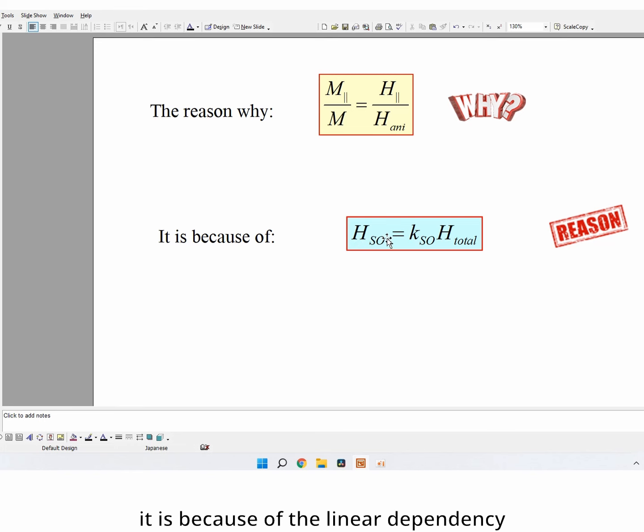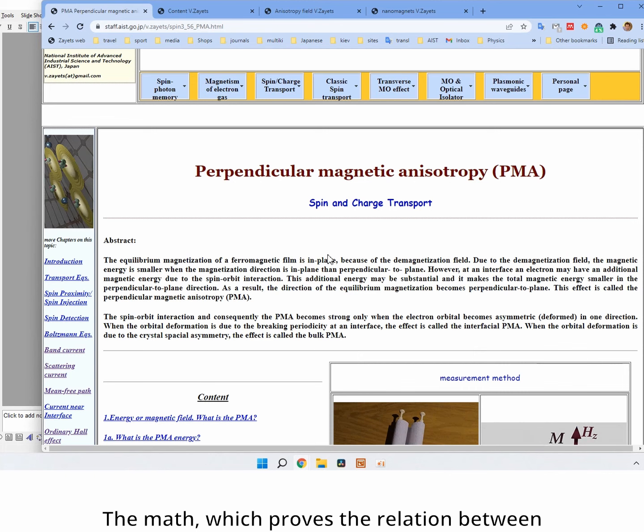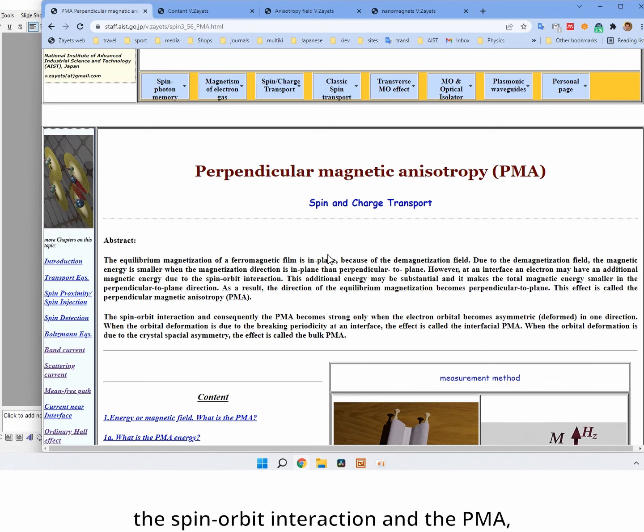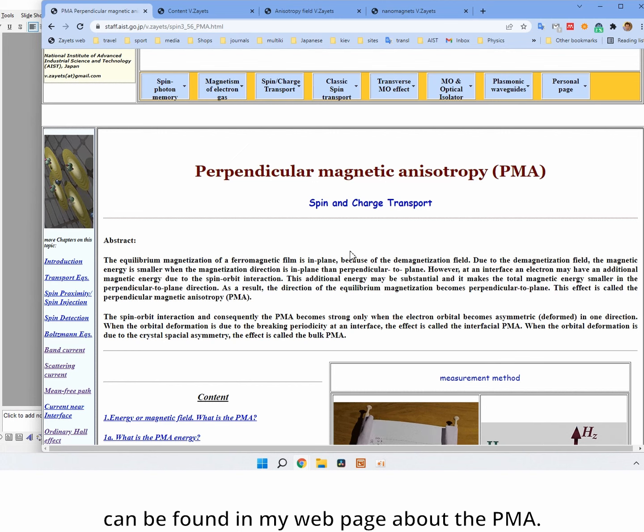It is because of the linear dependency between the spin-orbit magnetic field and the total applied magnetic field, where the total magnetic field is the sum of the internal and external magnetic fields. The math which proves the relation between spin-orbit interaction and the PMA can be found in my web page about the PMA.